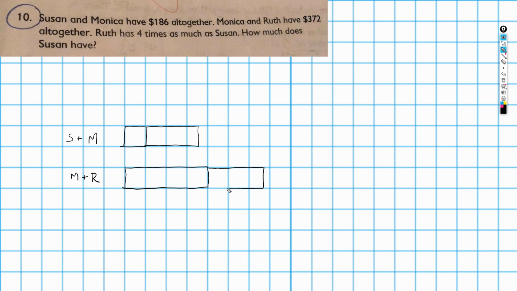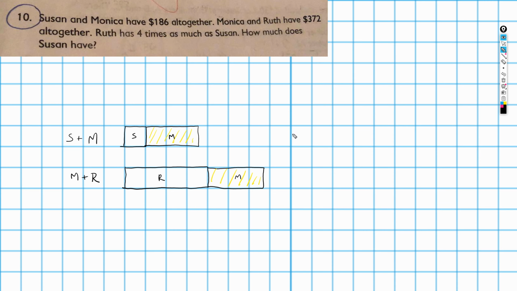So those two are the same. This is the bit that's Susan, this is Ruth, and then this is Monica. And we know that that equals 186 and that equals 372.